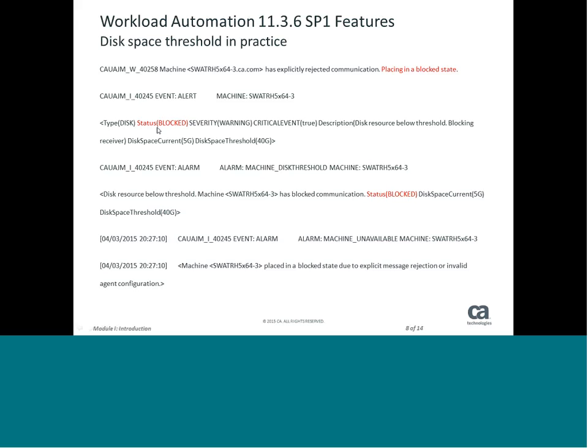And then again in the red there, you can see that the status is blocked on that one. So at this point, if you do an order app-m, you'll see that it's in a blocked status. And it also gives you what the current setting is and what the threshold is as well.